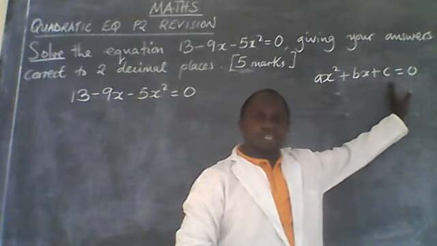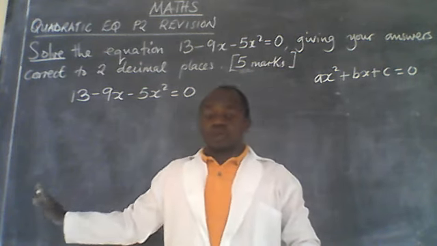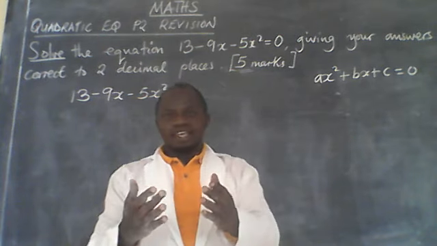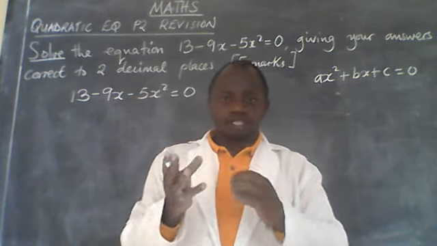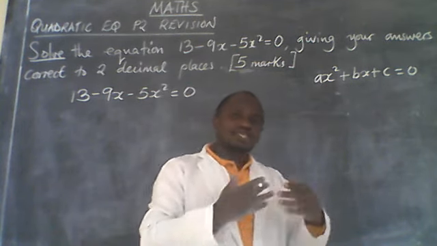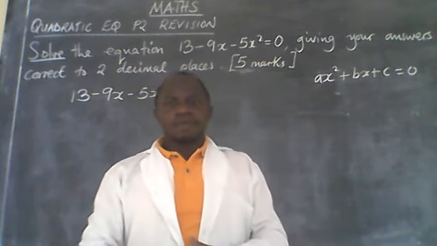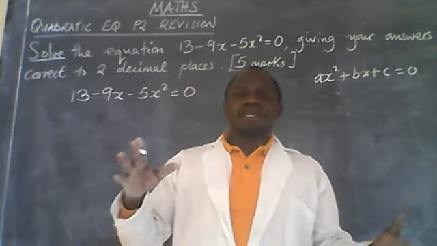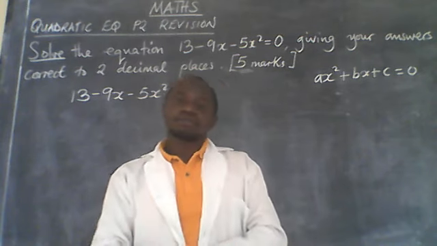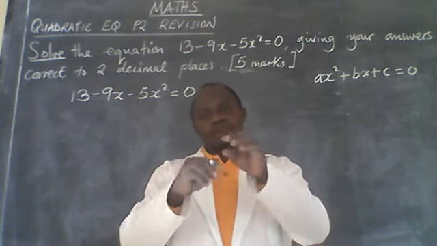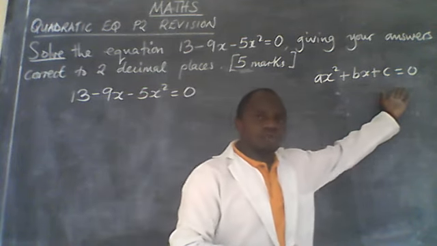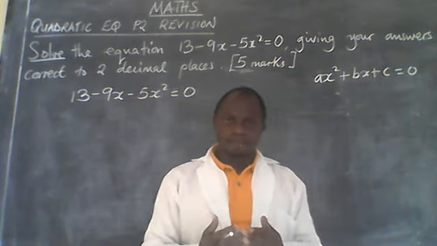If it is in this format, you will proceed to answer. But if it is not, then you have to do some calculations first, put it in this format, then start solving. Quadratic equations can be in decimals, can be in fractions, like in 2021, it was in fraction, therefore you have to do some calculations there, then it turns into this. You start solving. Let's check.